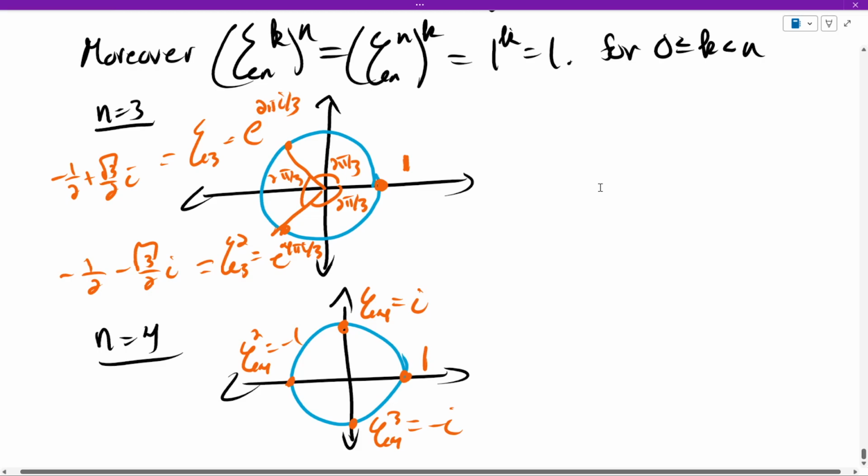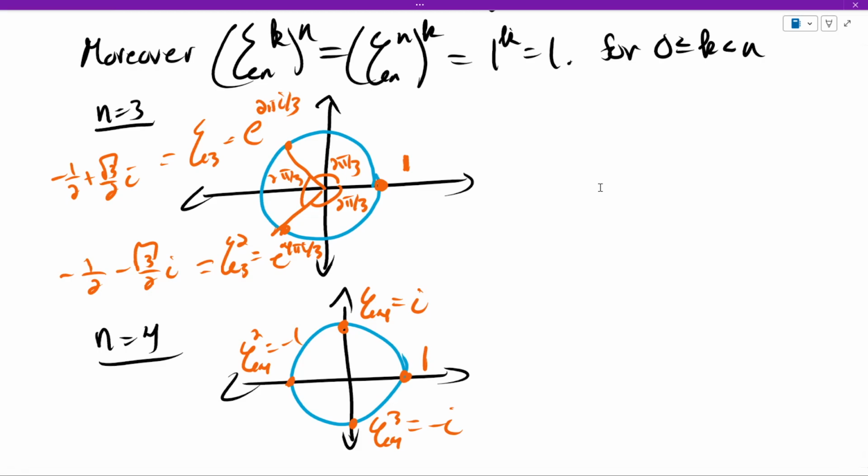Now, the case n equals 4 is interesting. Not all of the powers of zeta give you all the other powers if you were to take powers of them. That was convoluted. What am I trying to say here? I'm trying to say that this guy here, this zeta 4 squared, is interesting.